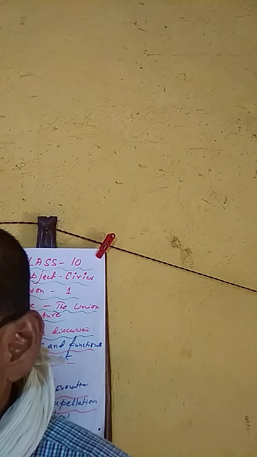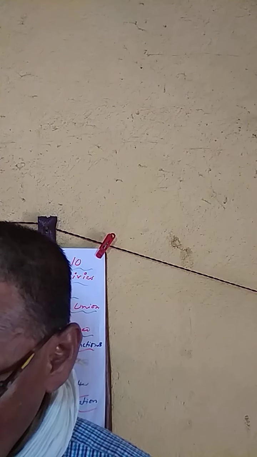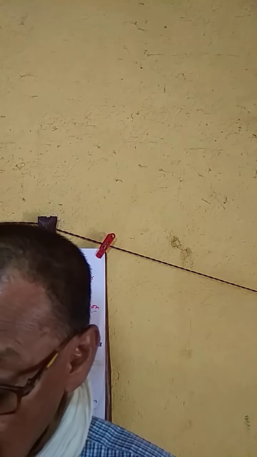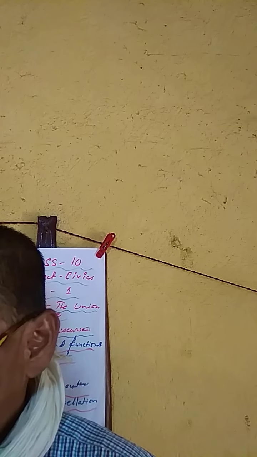Now the amendment must be made by both houses by a simple majority of members present, by a 2/3 majority of the members present in the house, with voting that should not be less than half of the total membership of the house.